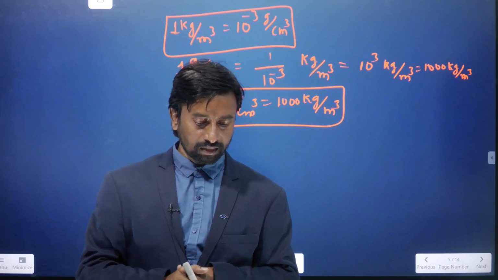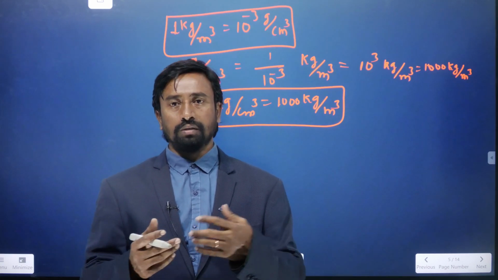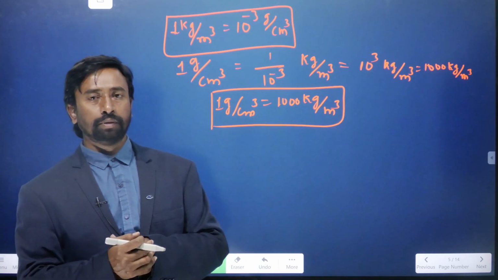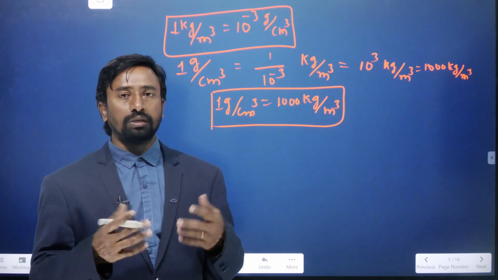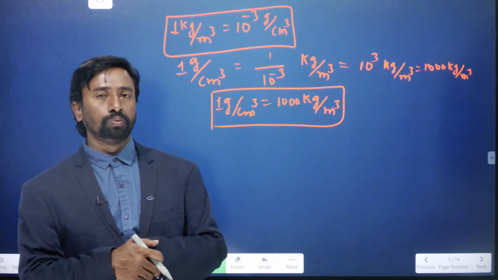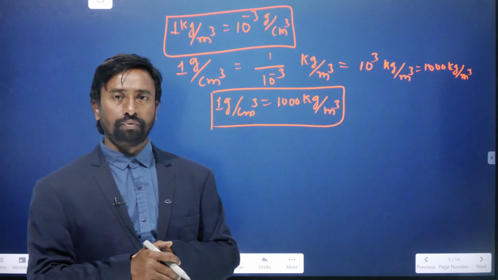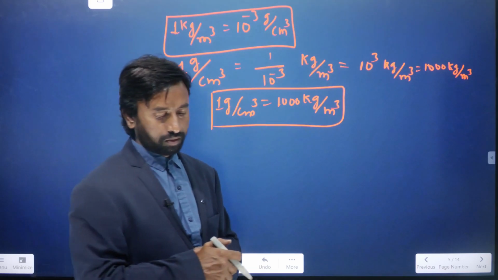Now we are going to discuss what happens if two liquids are mixed and become a solution: what is the density of that mixture of two fluids with different densities?